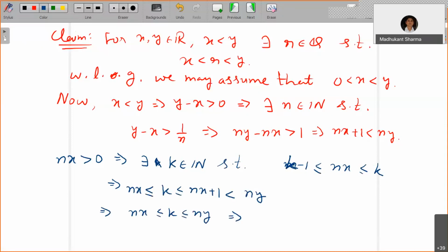So this implies x is less than or equal to k by n less than or equal to y. So k by n is a rational number, right? k is a natural number, n is a natural number. So if you take this as a rational form, k by n gives you the rational number, and k by n belongs to the interval.